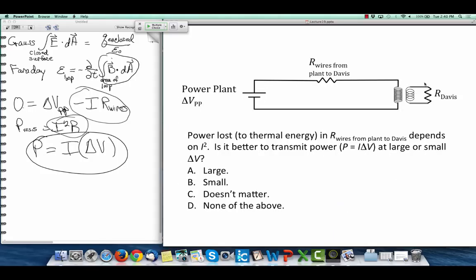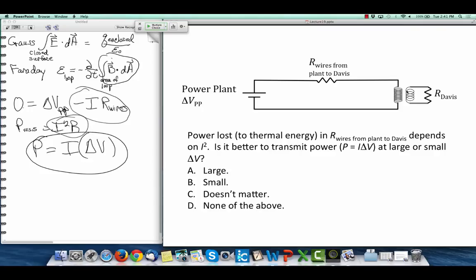Davis is on the small voltage side, big current side, and this thing is on the big voltage side and small current side. So a big voltage and a small current at this transformer goes to Davis, which is a small voltage and a big current.